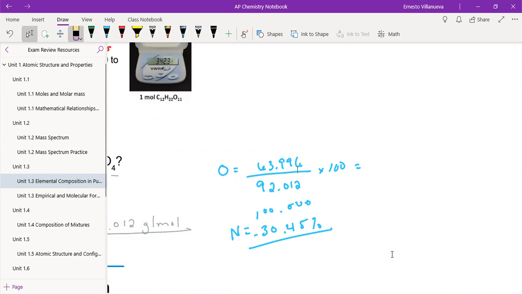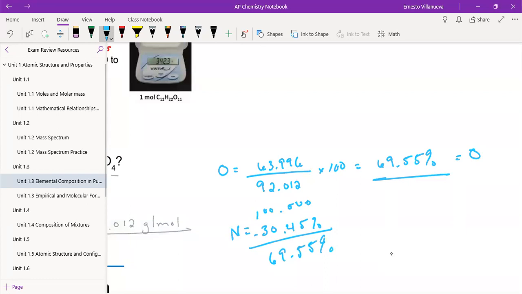All right, that gives me 69.55% for oxygen. Sorry, guys, it's almost 7 o'clock. So if I do the same thing, 100 minus 30.45, I get 69.55.